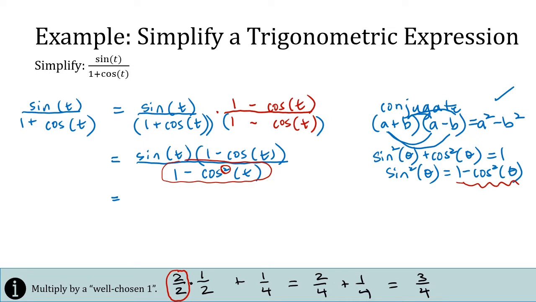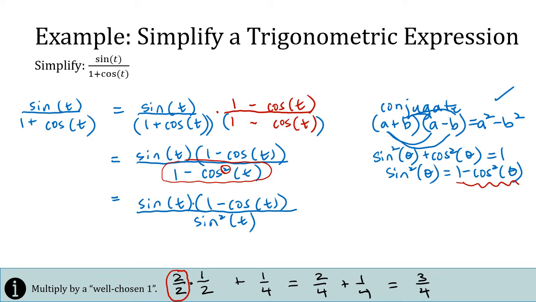So I'm just going to rewrite that numerator. I'm not going to multiply anything through at this point. And that 1 minus cosine squared t is simply going to turn into sine squared of t. Now, because I have multiplication in the numerator, I can do some canceling.